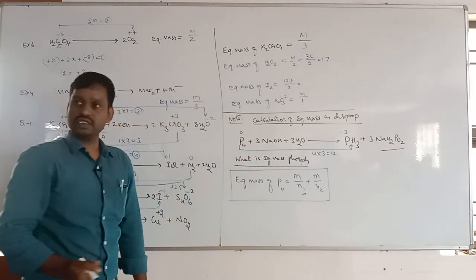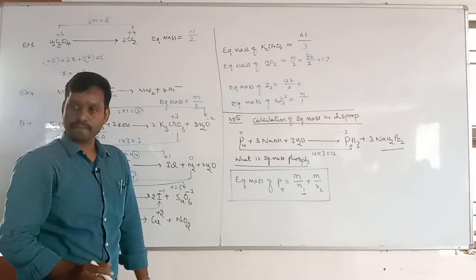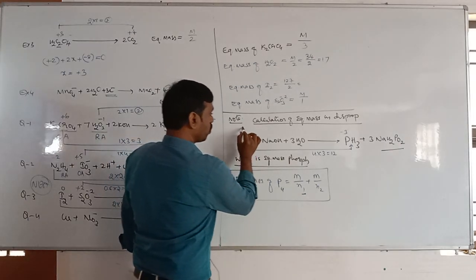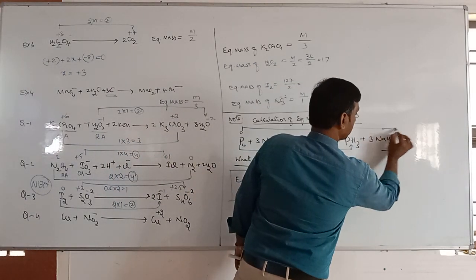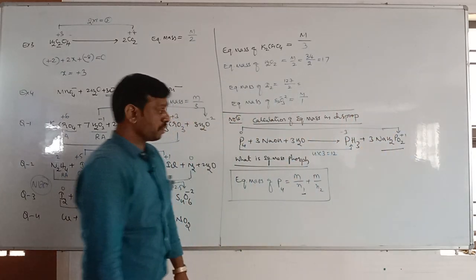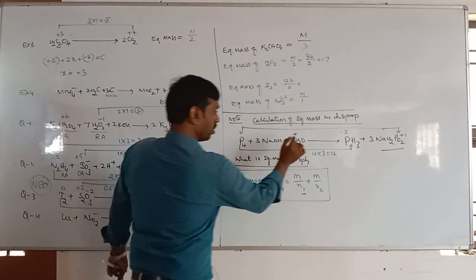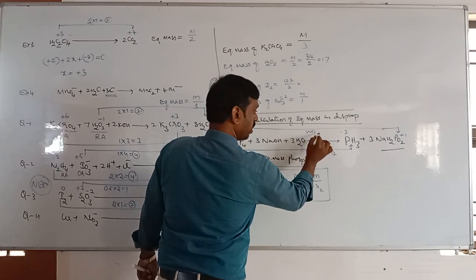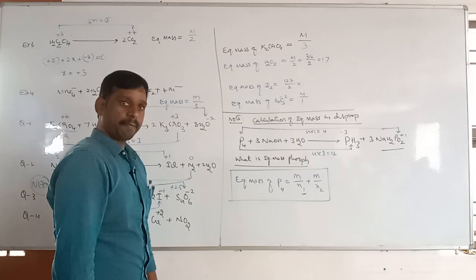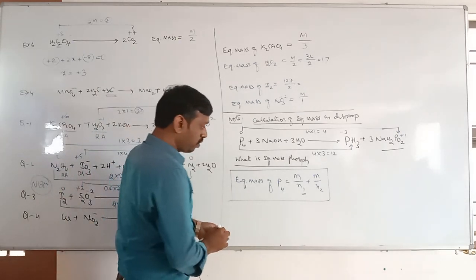So the change in OS is 12. Next, phosphorus also converts to plus 1. Again there are 4 atoms, 4 into 1 equals 4.